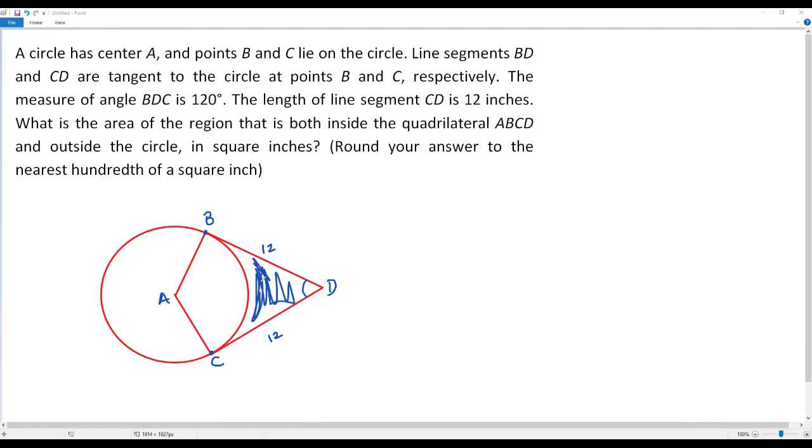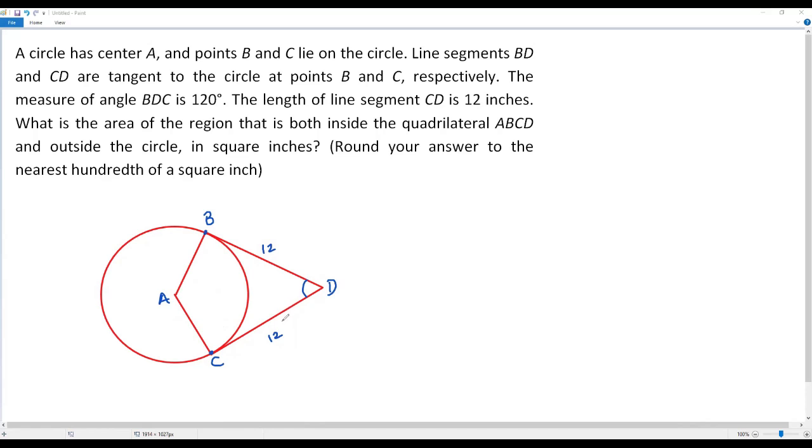For that, we have to get the area of the quadrilateral ABCD, and from this area, we have to subtract the area of the sector. That will give the area of the region which lies inside the quadrilateral and outside the circle.